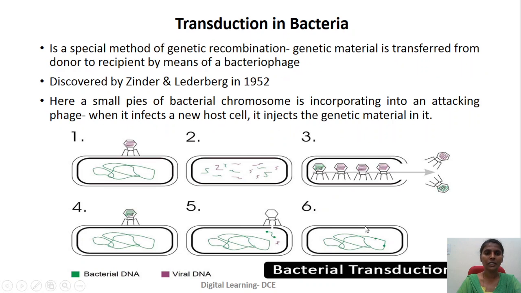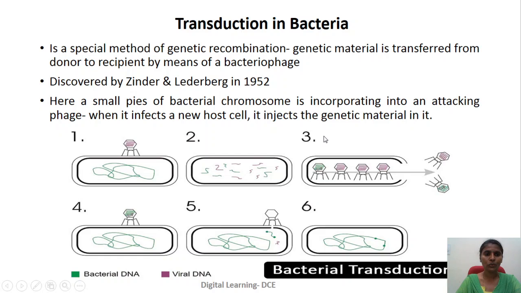Then coming to the third type of genetic recombination observed in case of bacteria, it is transduction. Transduction is a special method of genetic recombination where the genetic material is transferred from the donor cell to the recipient by means of a bacteriophage.